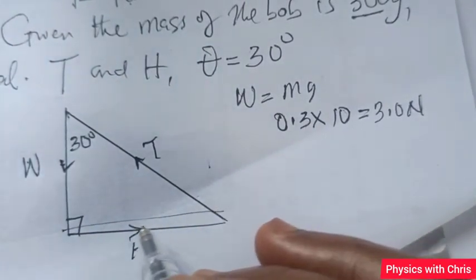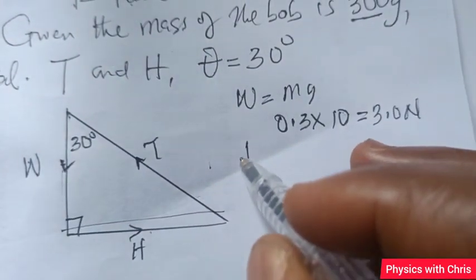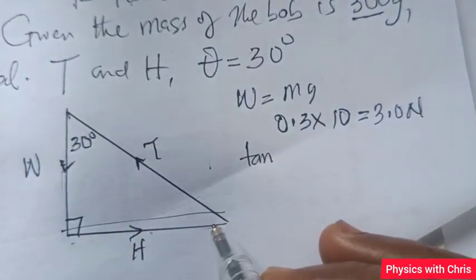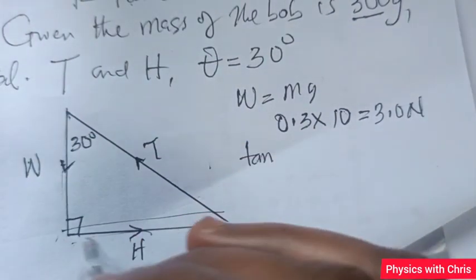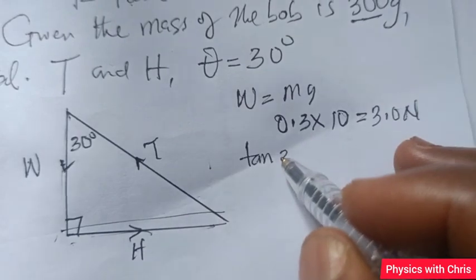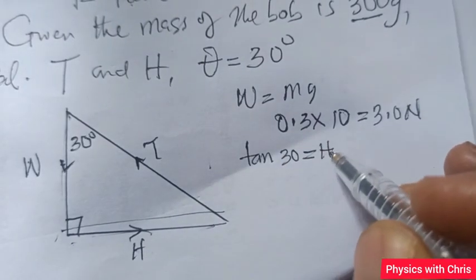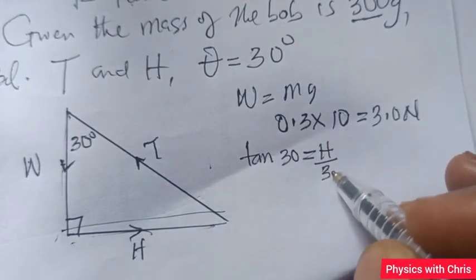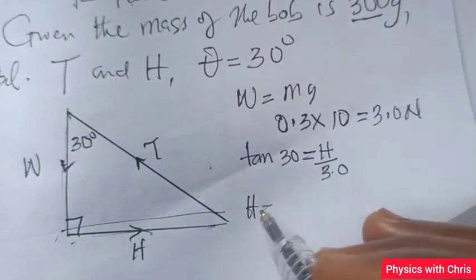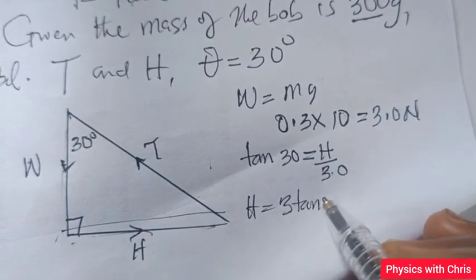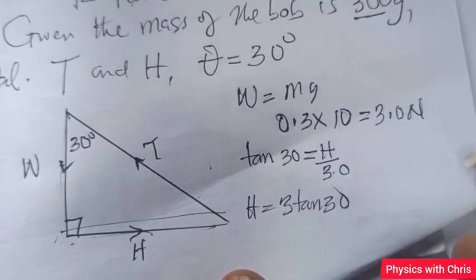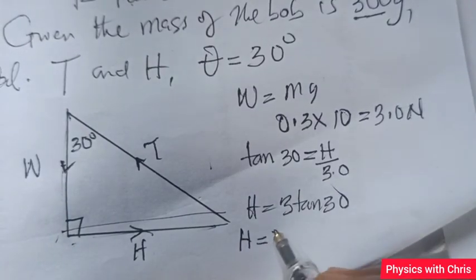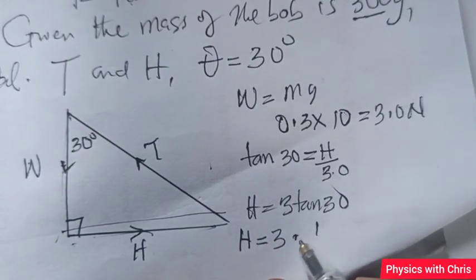Opposite over adjacent, that is the tangent. Tan theta gives me H over W, which is 3 Newton. So H is equal to 3 tan 30. And if I use my special angle expression, tan 30 is 1 over root 3.